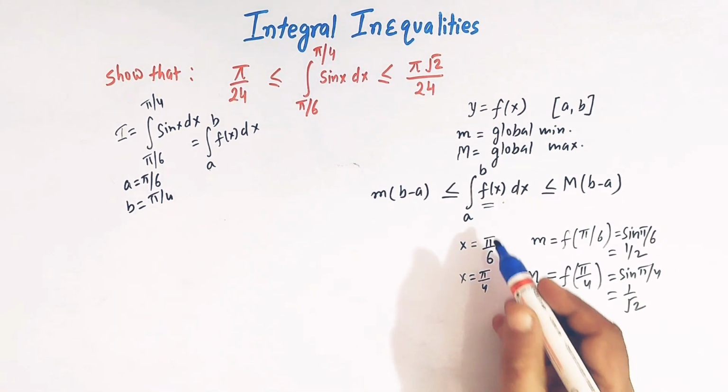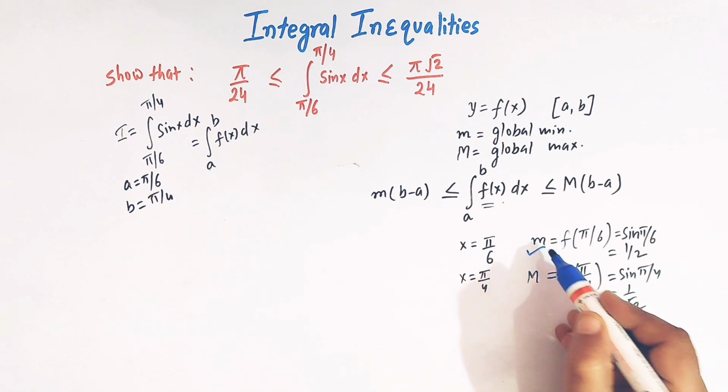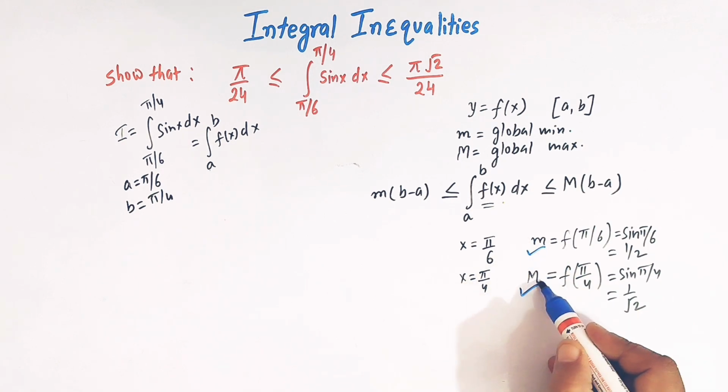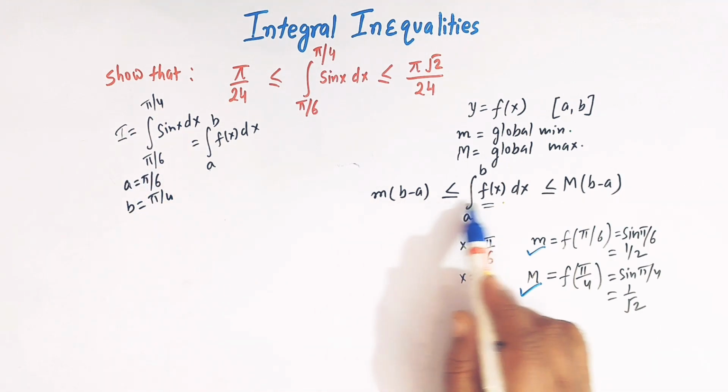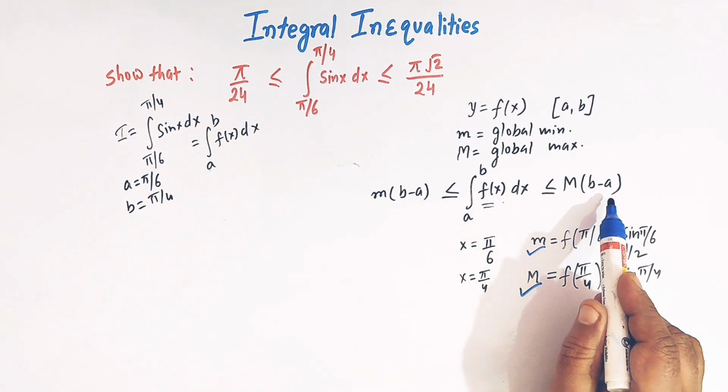So once we have the values of small m and capital M, we can substitute all these values in this inequality, right?